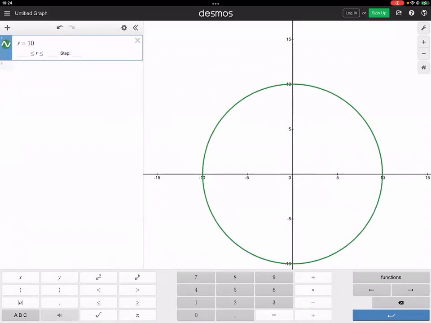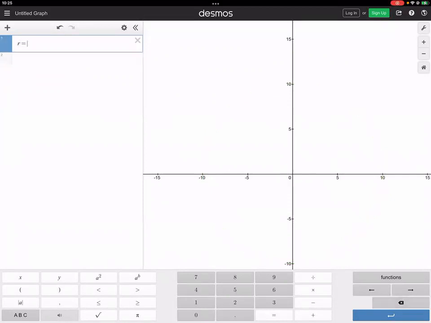Well, I think this is much better than writing down the x minus h squared plus y minus k squared equals to r squared. Just simply R equals to 10, then you have a circle. Okay, now we'll learn more about how to express them, how do we have different shapes later on in this course.